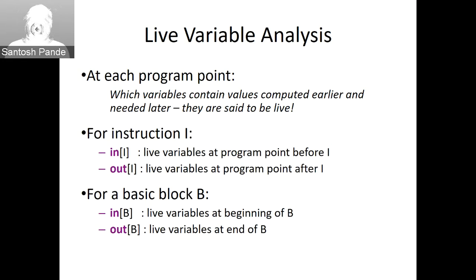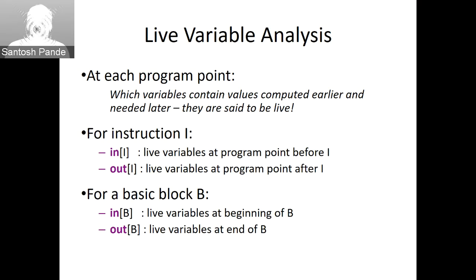So let's define liveness first. Liveness is this: some value has been computed, the definition of that variable earlier, and it is flowing through the data flow graph or control flow graph, and periodically it is being used at different program points without being overwritten again.